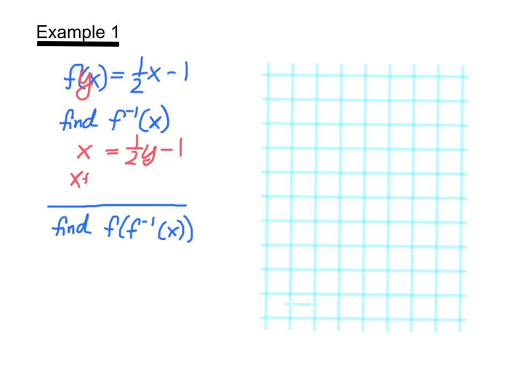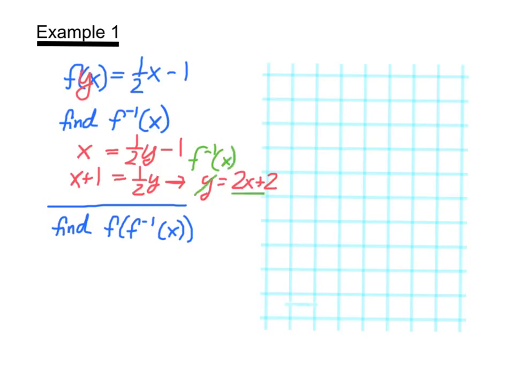So I have x plus 1 equals 1/2 y, and to get y by itself, I'm going to multiply both sides of the equation by 2. And so we have y equals 2x plus 2. Now that we know the inverse of the f of x, and one thing I forgot to do was to replace that y with the inverse of x.